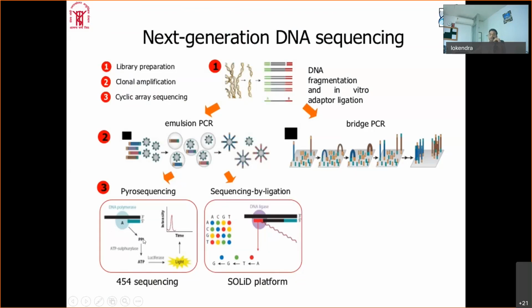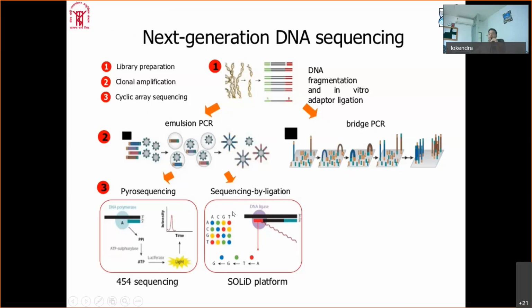This pyrophosphate is used by an additional enzyme, ATP sulfurylase, which makes ATP, and this ATP is then utilized by luciferase and releases light. So every time a nucleotide is added, it is detected by the release of pyrophosphate, which is utilized by another enzyme system and gives rise to a small peak. That is pyrosequencing.